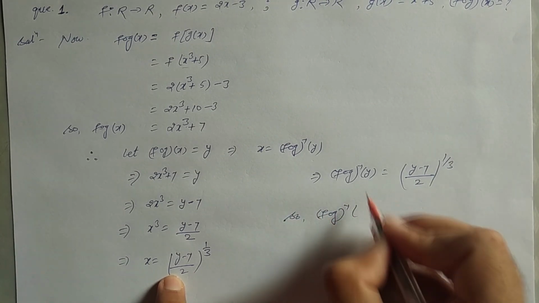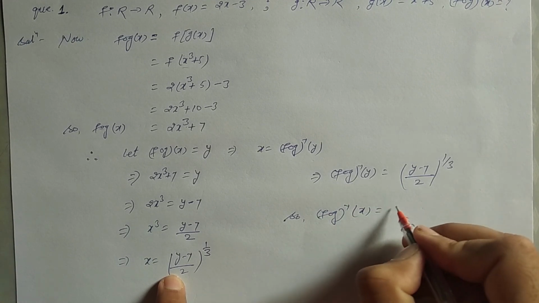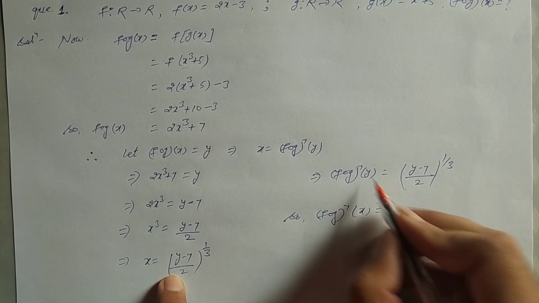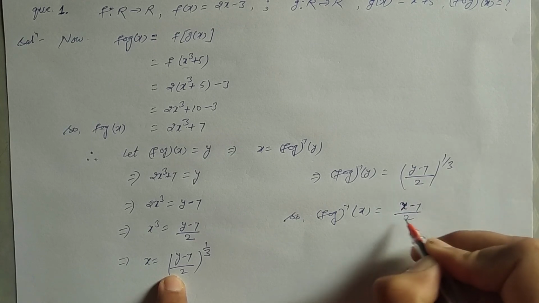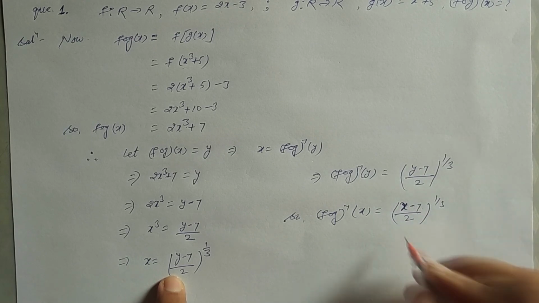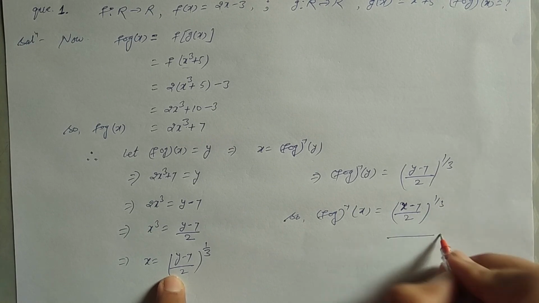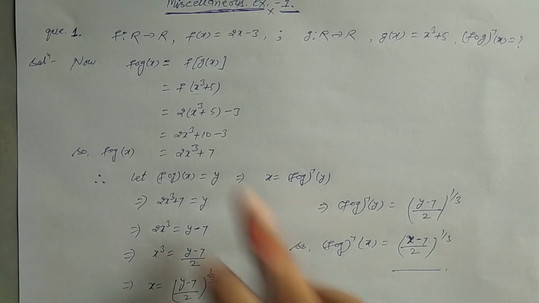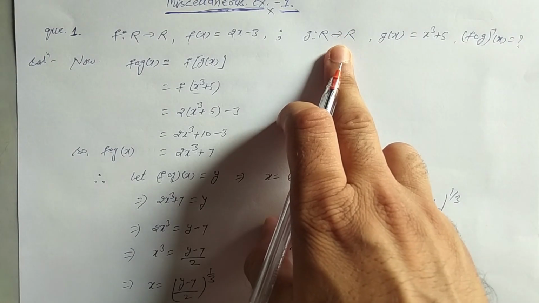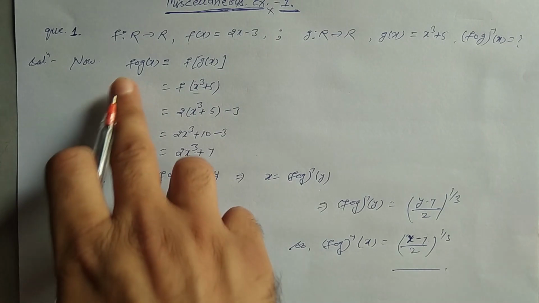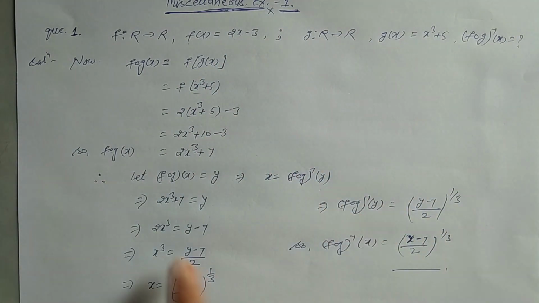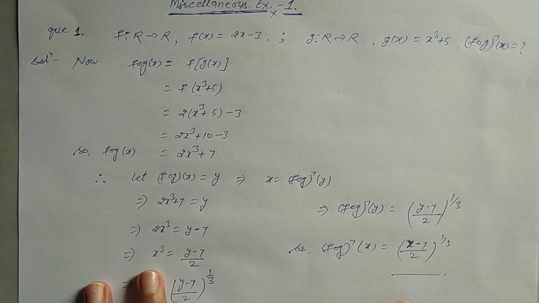Changing the variable y to x, (fog) inverse of x is ((x minus 7) by 2) power 1 by 3. That is the answer. Okay, next question.